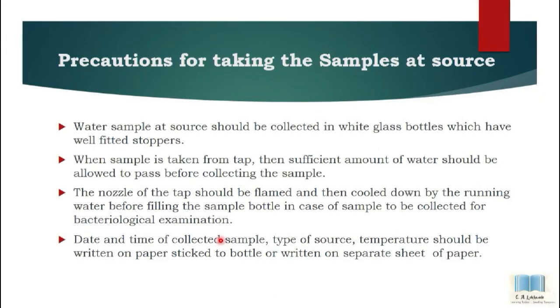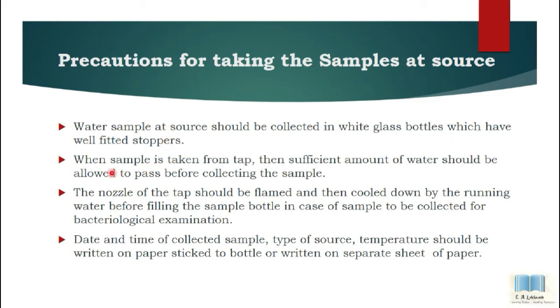Now we discuss what precautions should be taken for taking samples at the source. First precaution is that water samples at the source should be collected in white glass bottles which have well fitted stoppers.